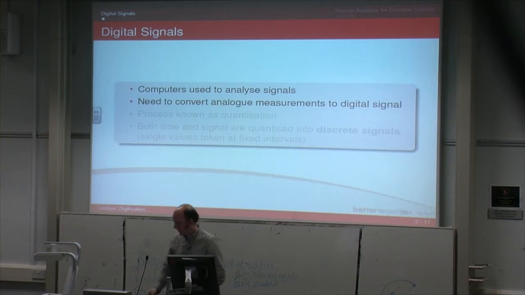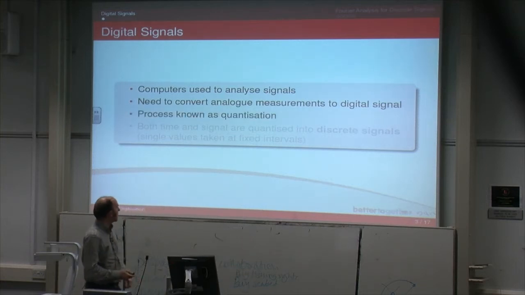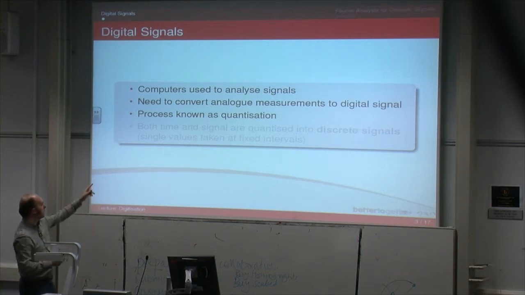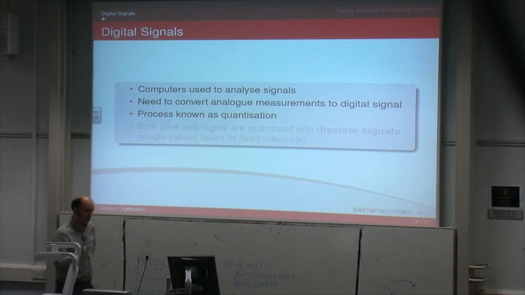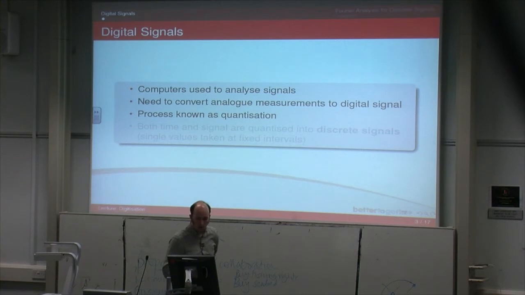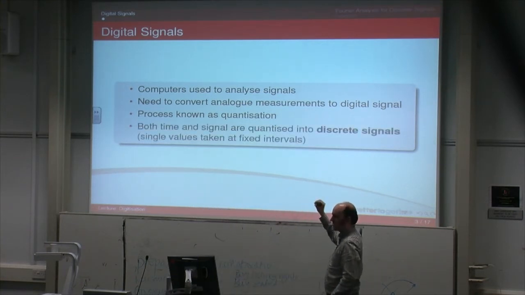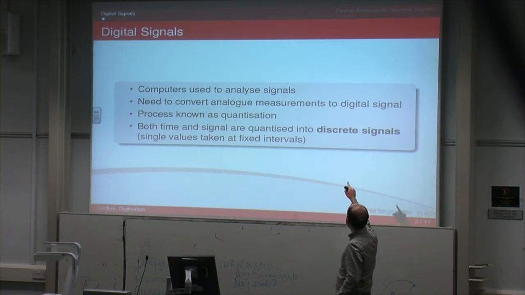So the computer can understand it and can read it and can write it. And this process to convert the analog information of something being measured is known as quantization. And we'll talk about the process that it goes through. And essentially that means that both the time and the signal are quantized to certain specific points, discrete signals.